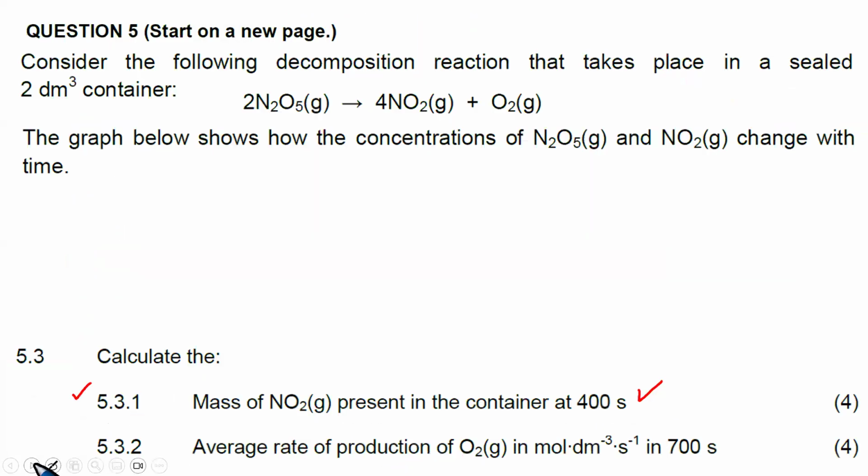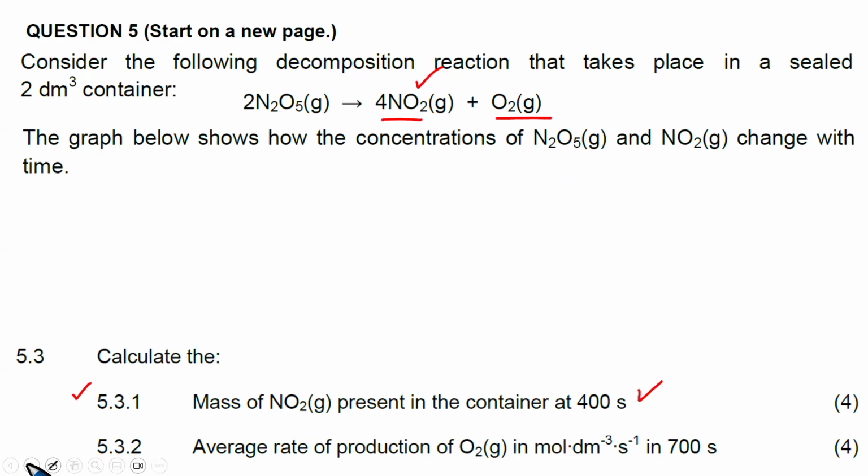We want to calculate the mass of nitrogen dioxide gas present in the container at 400 seconds. Remember that nitrogen dioxide is one of the products, as much as oxygen is also one of the products. So the question is, what exactly is the mass here?